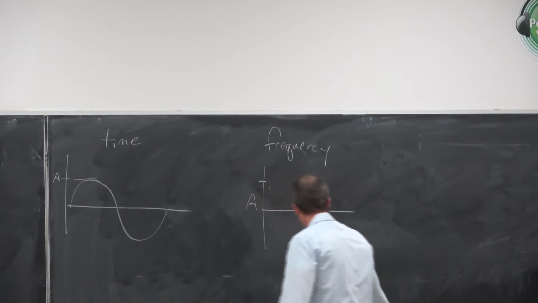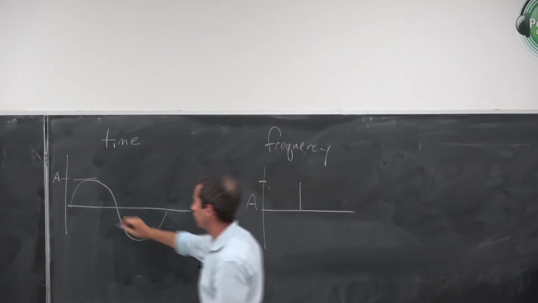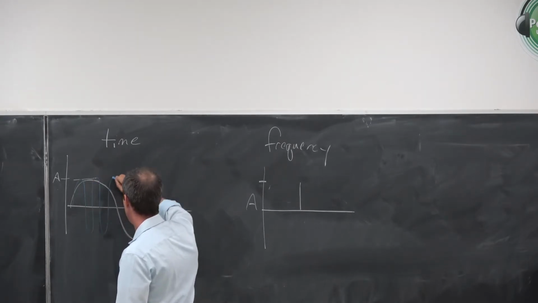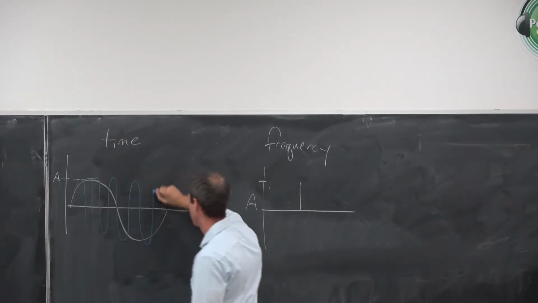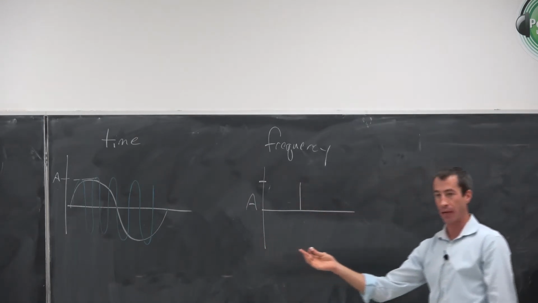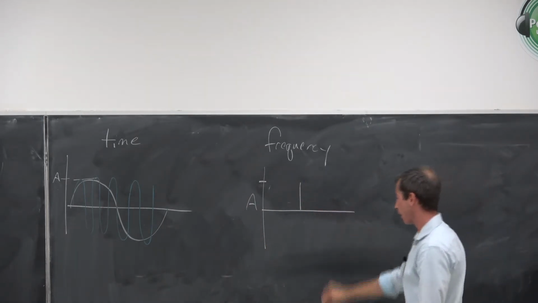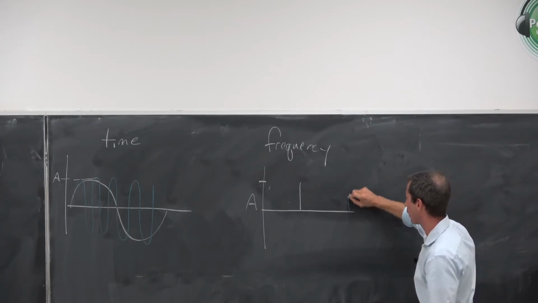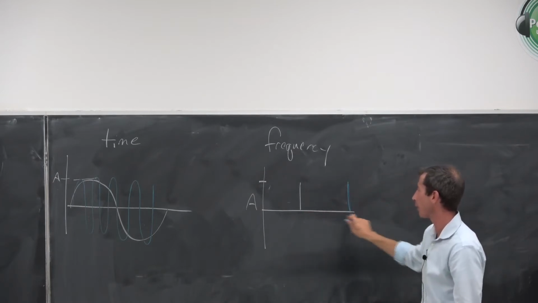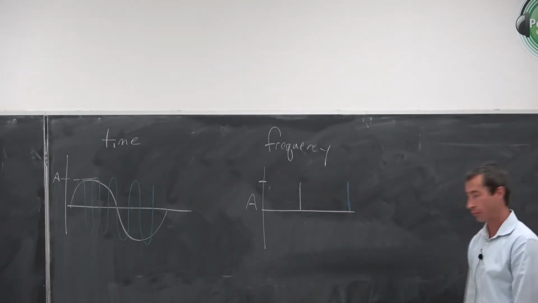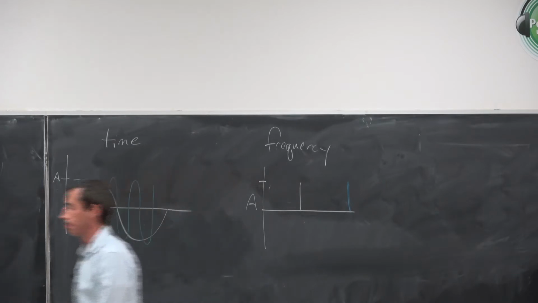Now if we added this, the amplitude's the same, frequency's higher. So this would look like this, right? This is probably not exactly right, but higher frequency, same amplitude, right?